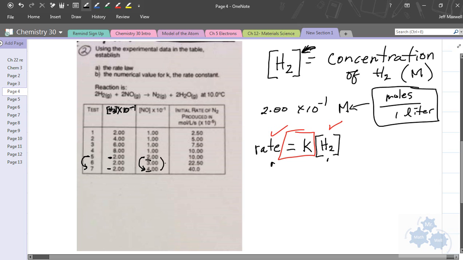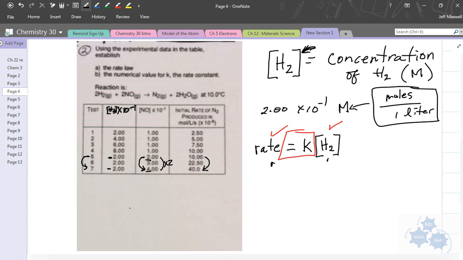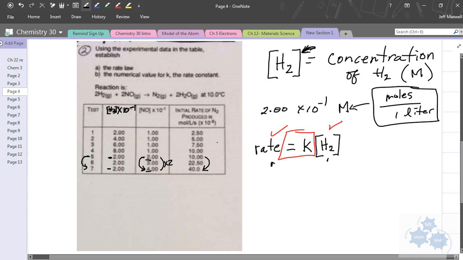We're doubling the concentration here of NO. So now what we want to see is what's happening to the rate. And it's going from 10 to 40, the rate. So what's that? That's times 4. Yep. So actually the change in NO affects the rate more than the change in hydrogen, right?